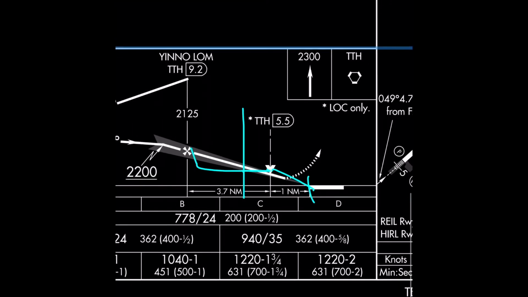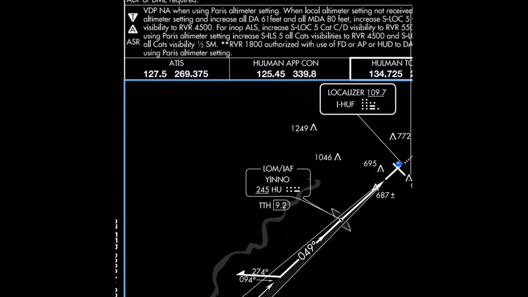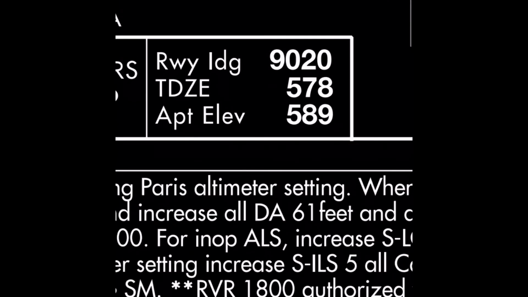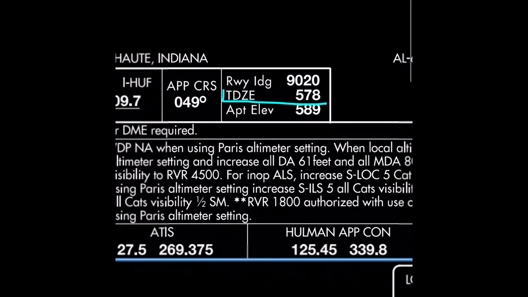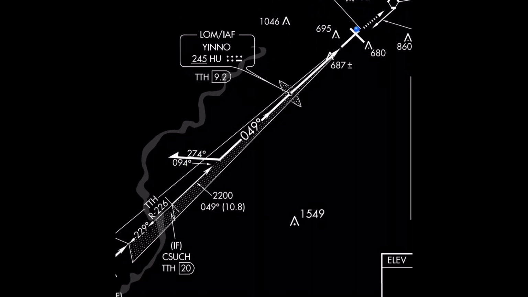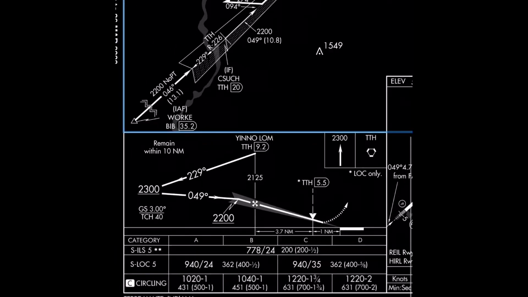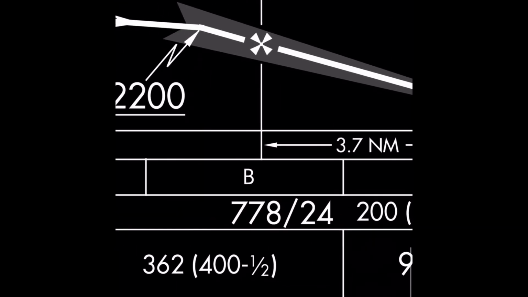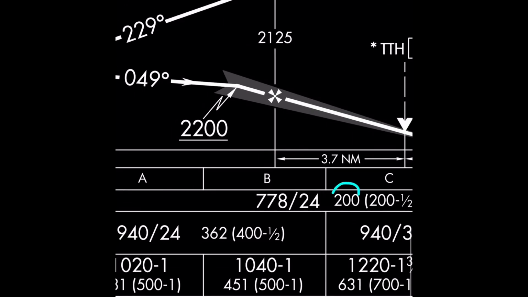And then lastly, we'll take a look at why we have the touchdown zone elevation. Why is that important? Well, it's important because the touchdown zone elevation is actually what our minimums are based off of. So it's 200 feet above our touchdown zone elevation, TDZE.